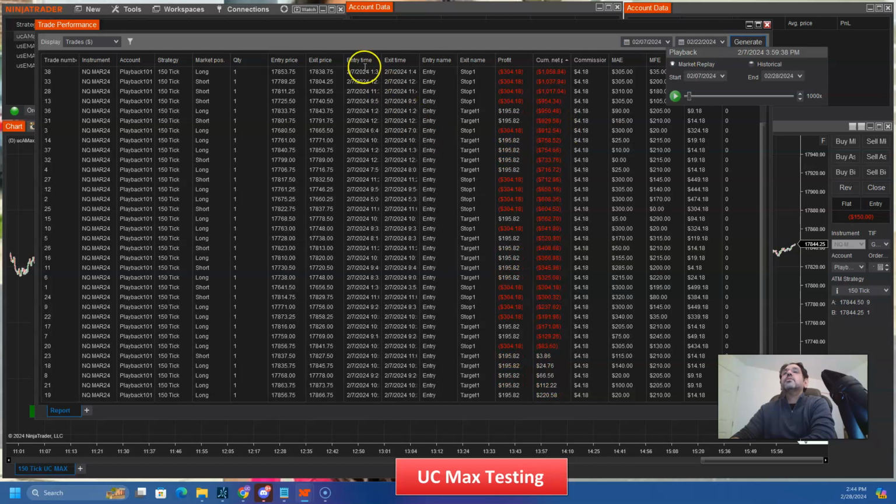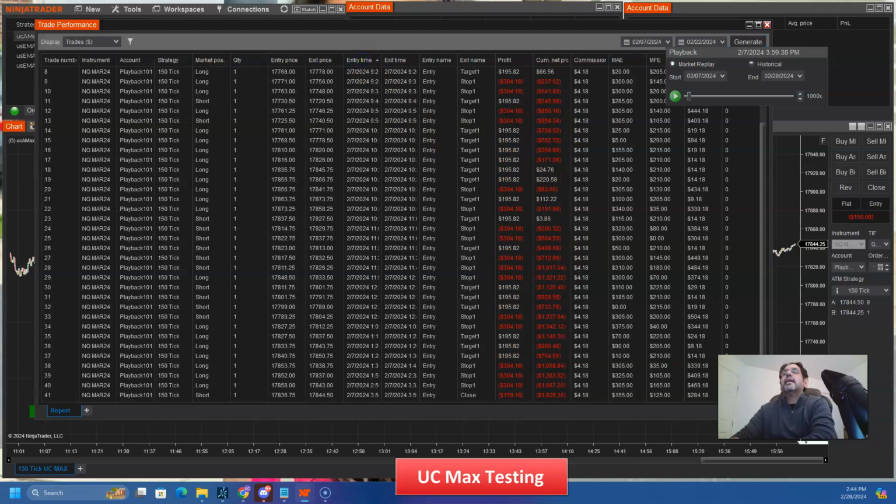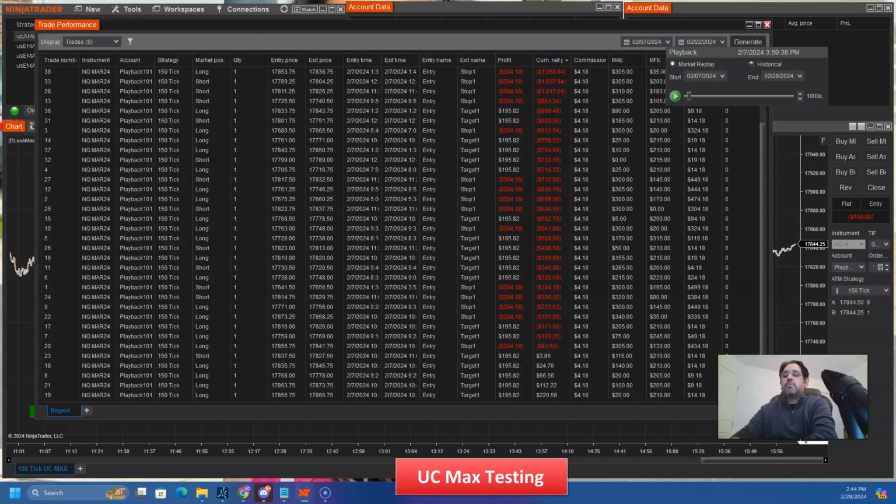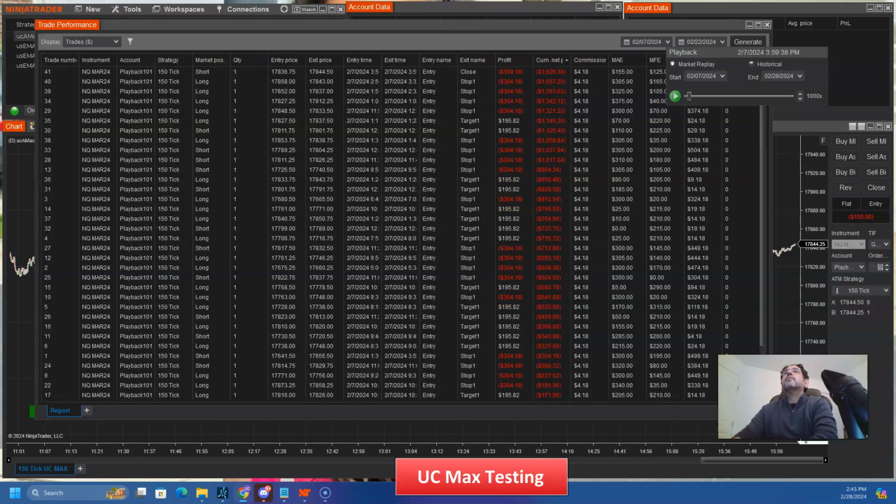So we closed the day at negative 18.25, and it saw plus 220 as the high. Not good. And the drawdown was, I think, where we almost closed the day.